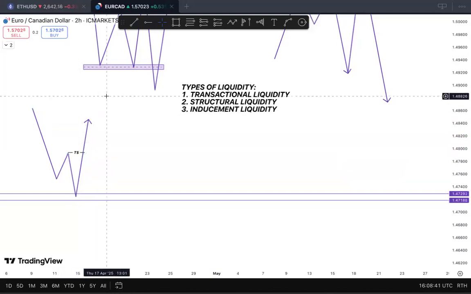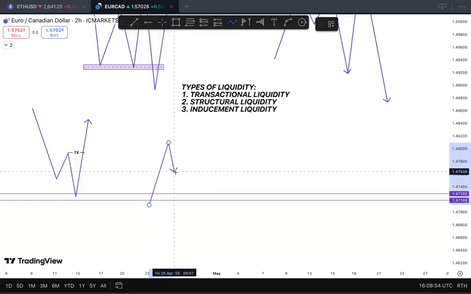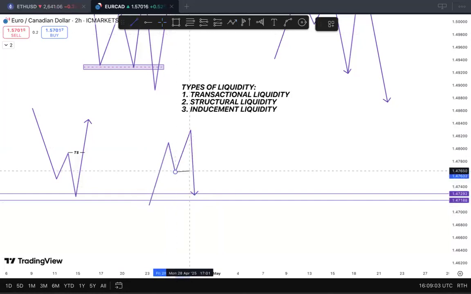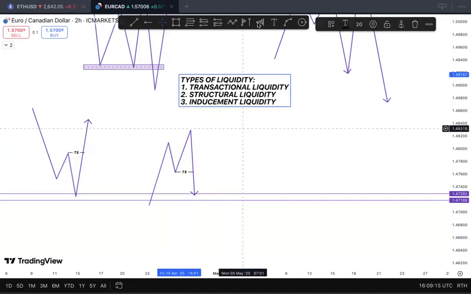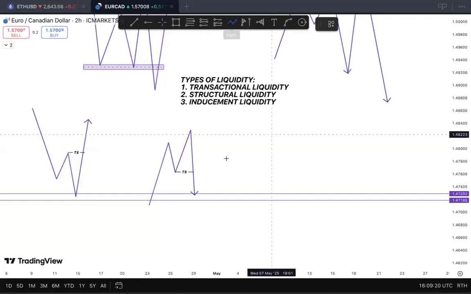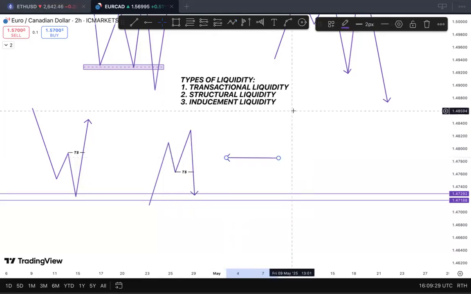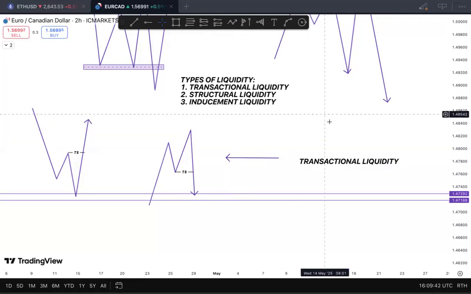The price movement that swept the recent high of a downtrend, or the price movement that swept the recent low of an uptrend, is called the transactional liquidity. So this is transactional liquidity.